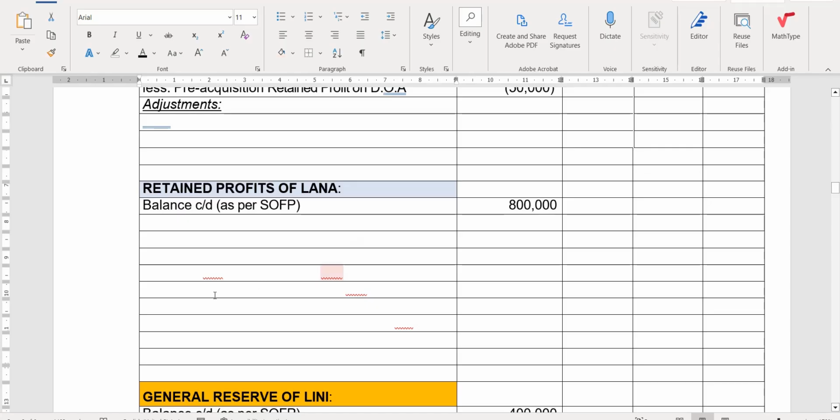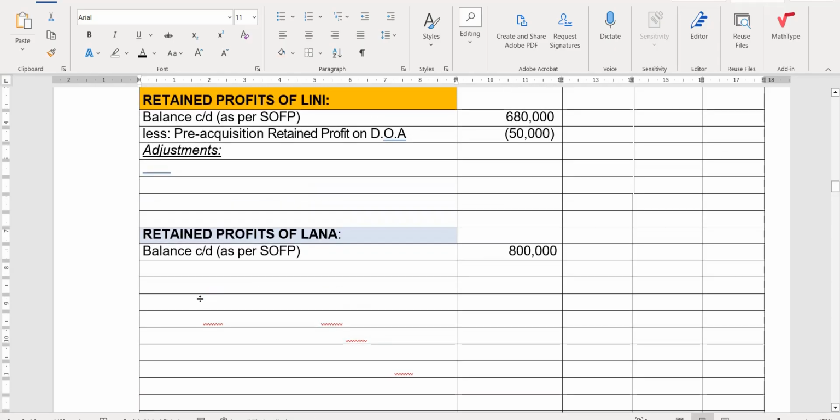We cannot do that for our retained profit yet. We need to go and settle the adjustments. So earlier on we have done the part on the calculation for Lana.